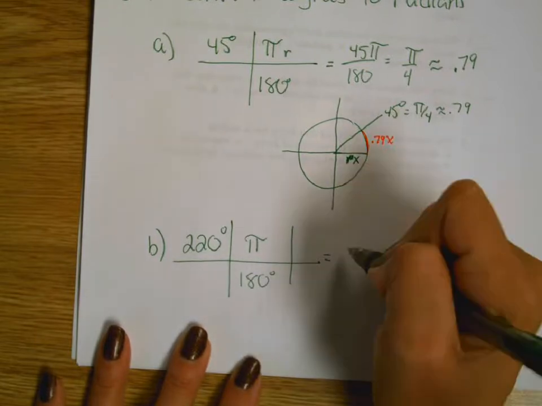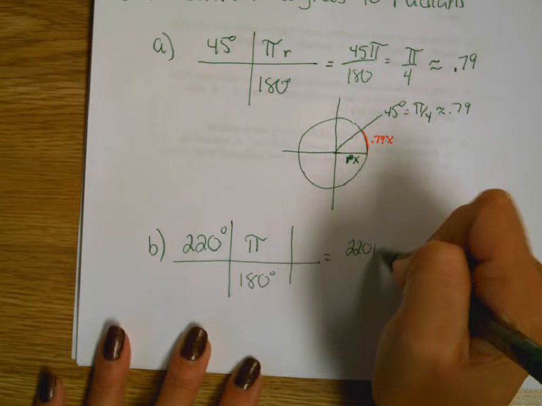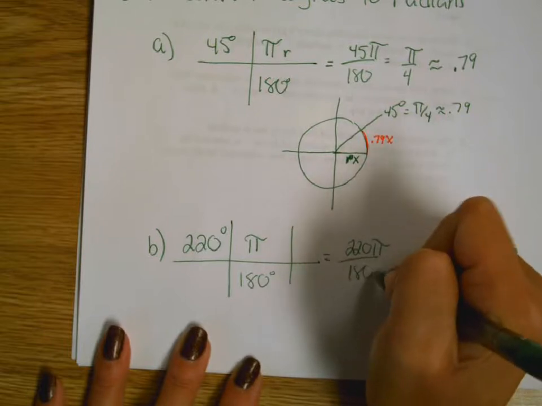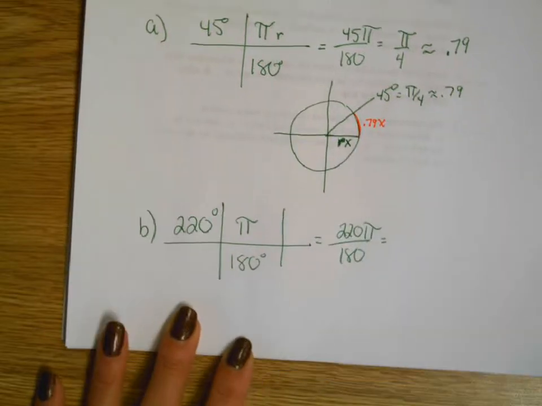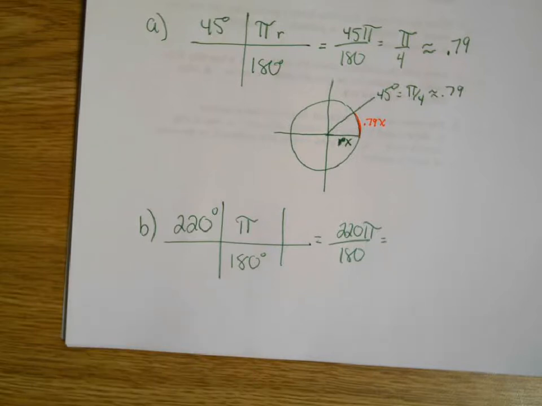So as an exact value, reduced down, 11pi/9.